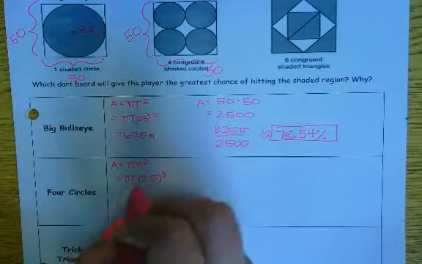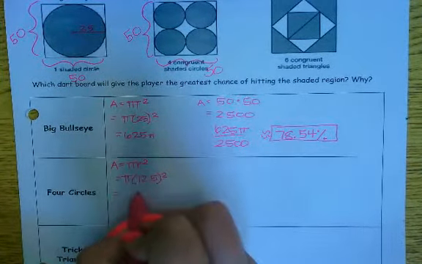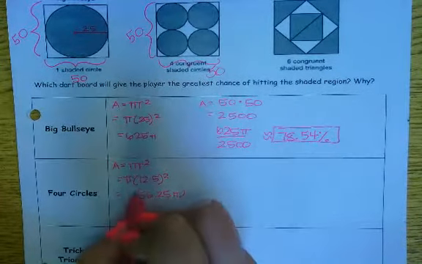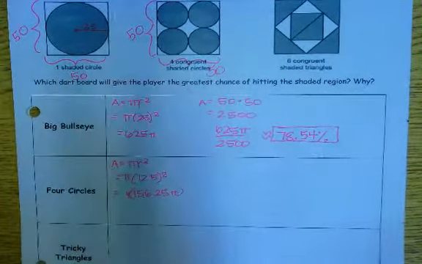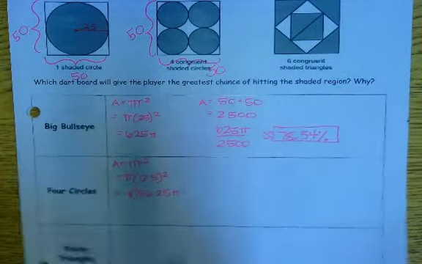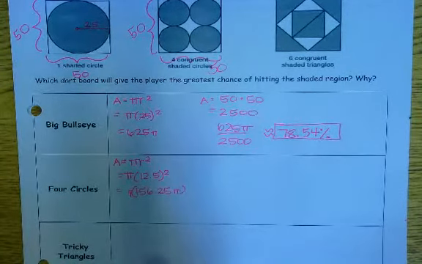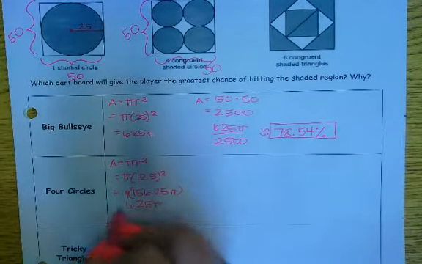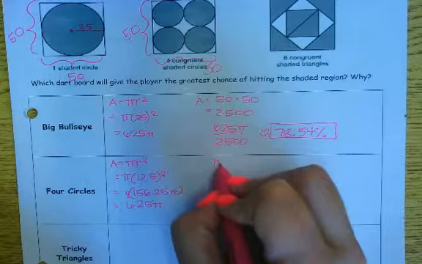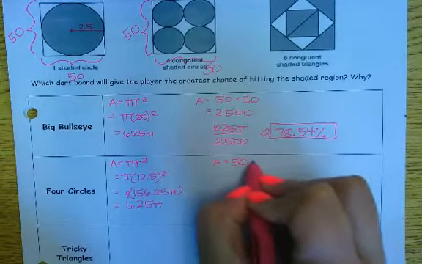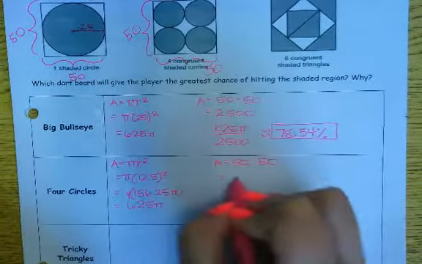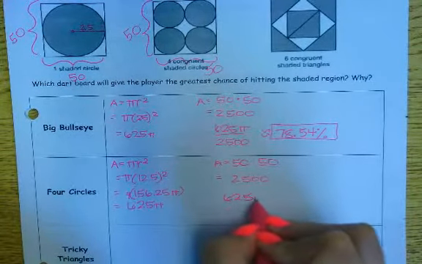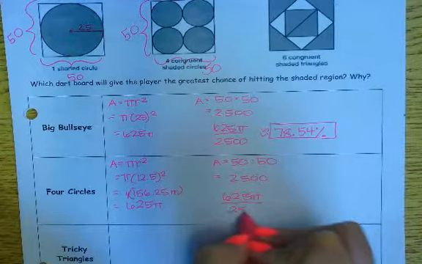We need to multiply that by 4. So what do you end up getting? And what do you notice? It's the same. So you still have 625 pi over 2,500, and that was about 78.54%.